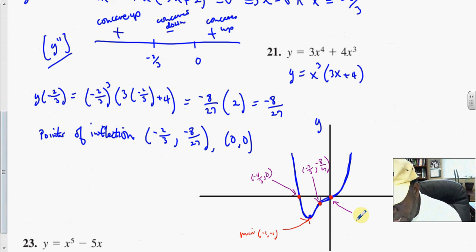Then we had another point of inflection at the origin. Okay.